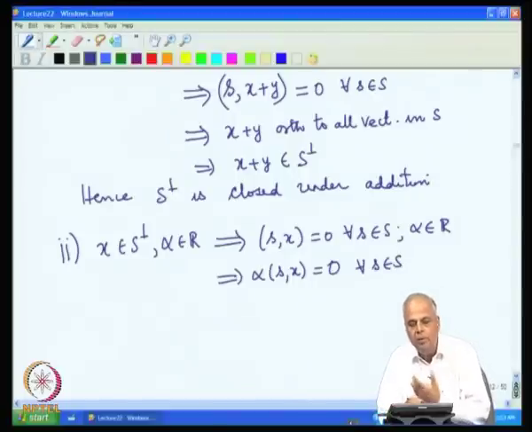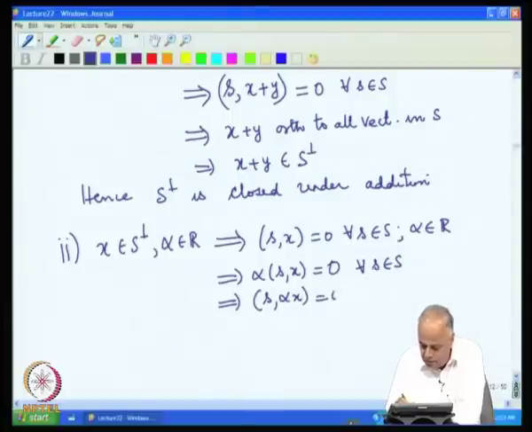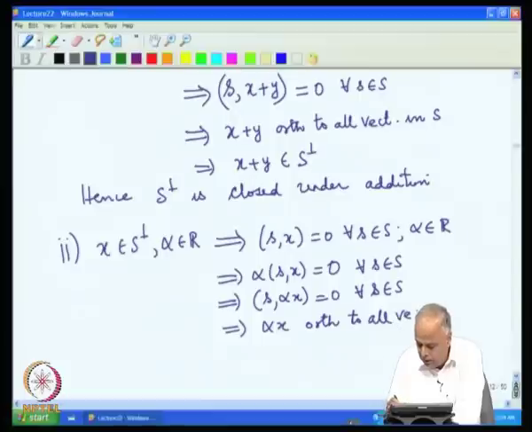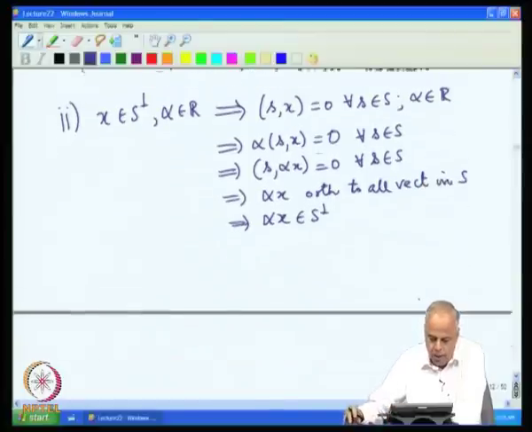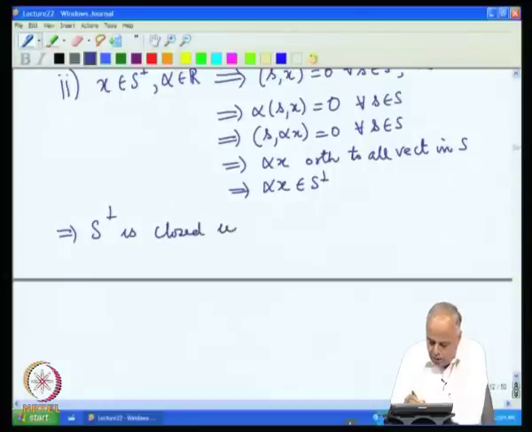Now, we know that a constant can be pulled in and out of an inner product from any one of the factors. So, this is the same as the inner product of s and alpha x equal to 0 for every s in S. This is the same thing as saying that alpha x is orthogonal to all vectors in S. That is the same thing as saying alpha x belongs to S perp, and hence S perp is closed under scalar multiplication.